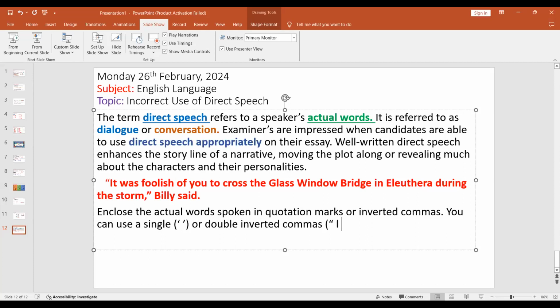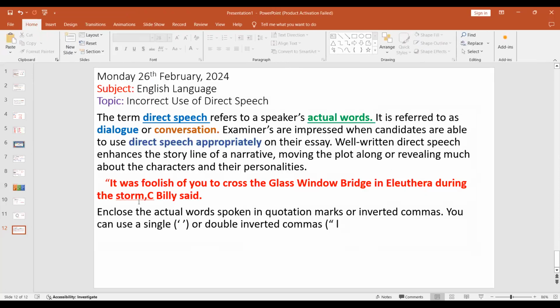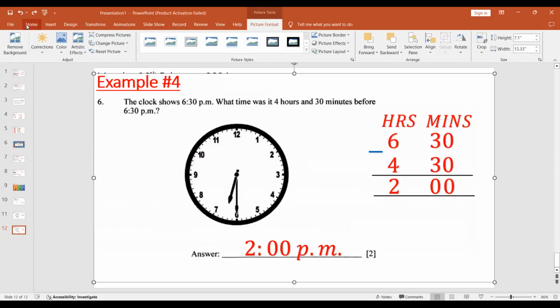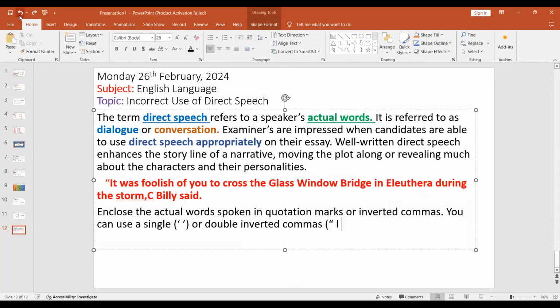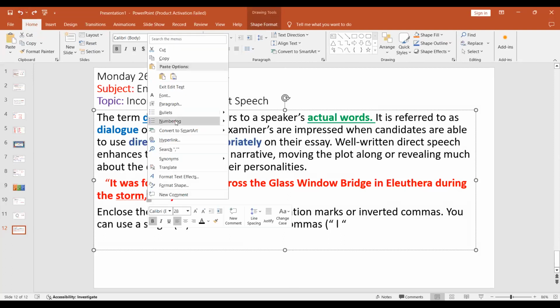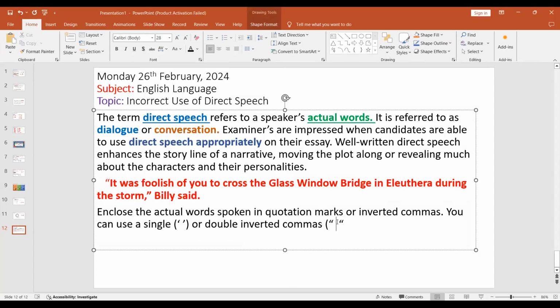Let me get this quotation mark here. So you could use a single inverted comma, or you could use a double inverted comma, right? To enclose it.